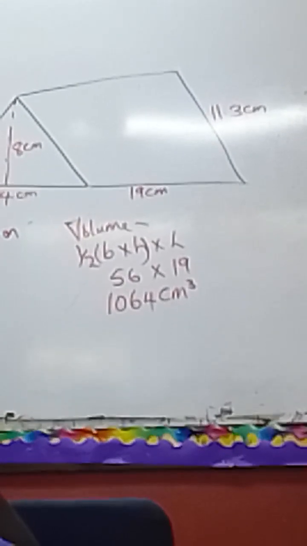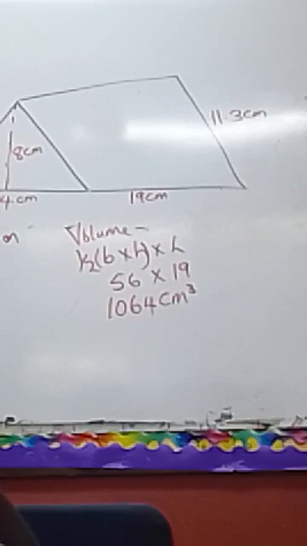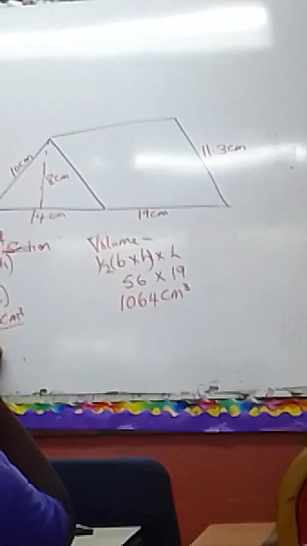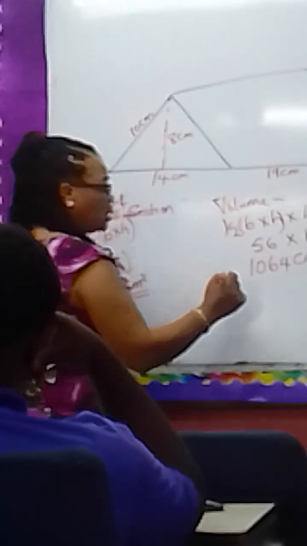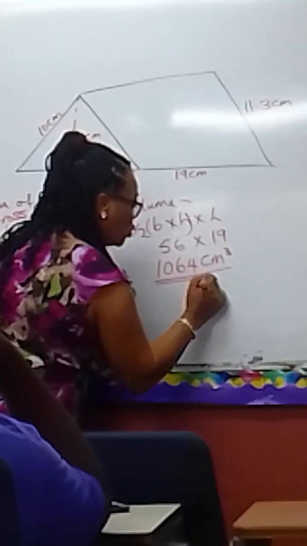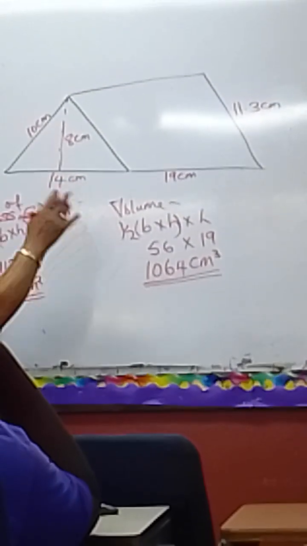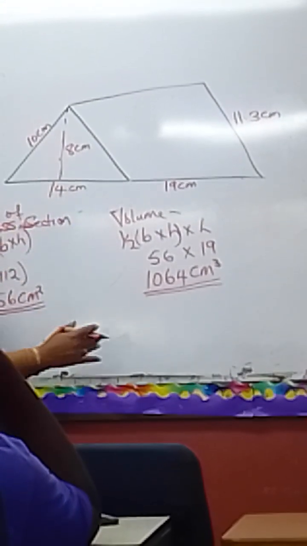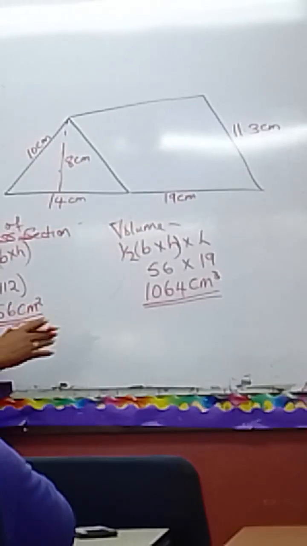And whenever we are finding area, area is in square. So this piece right here is the area of the cross section. My answer should say 56 centimeters square. This piece here, I am finding the volume of the triangular prism, which is half the base times the height times the length, and that one is 1064 centimeters cube.